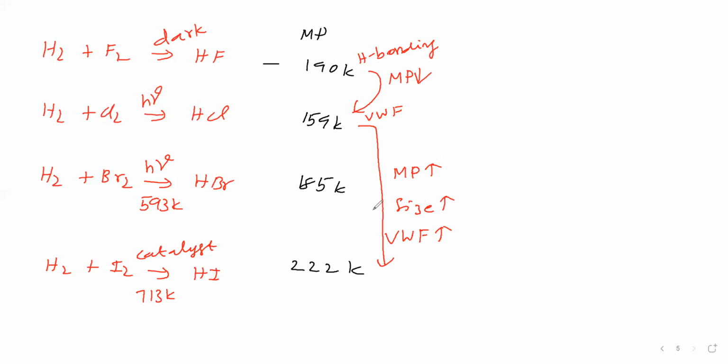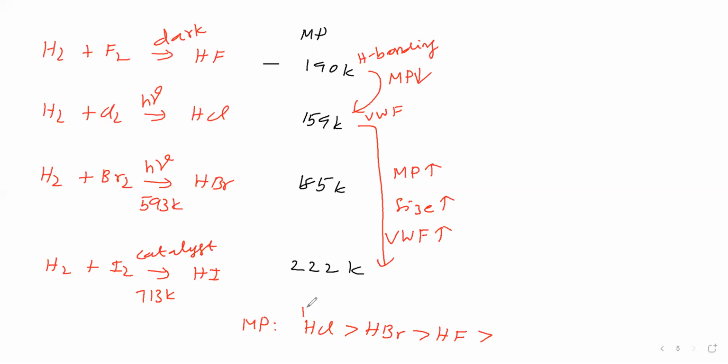Sir, what is the order of melting point? Order of melting point, if you see, HCl greater than HBr greater than HF greater than... here HF comes where? HF is 190 Kelvin.